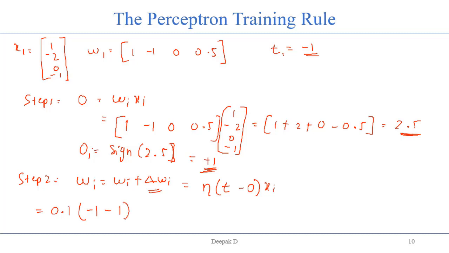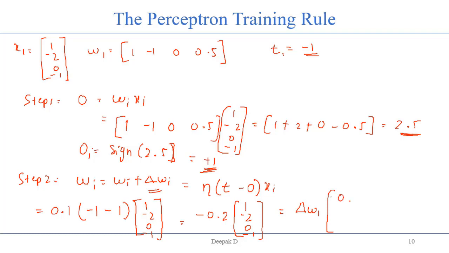And xi is nothing but your instance, that is 1, -2, 0 and -1. So here you will get -0.2 into 1, -2, 0, -1. So finally we receive delta w1 as -0.2, 0.4, 0 and 0.2.